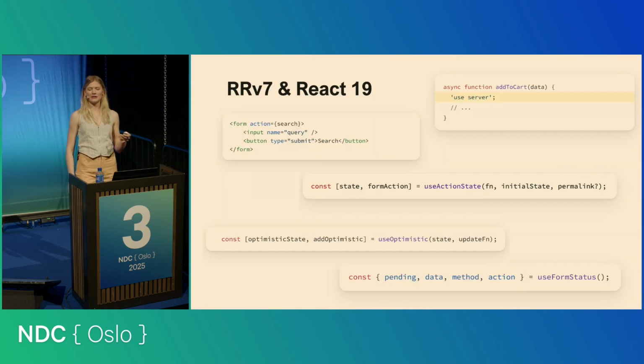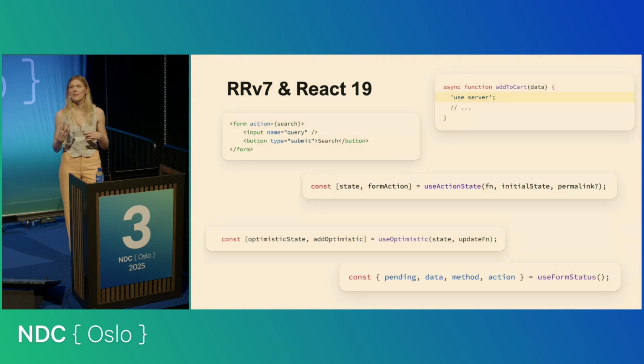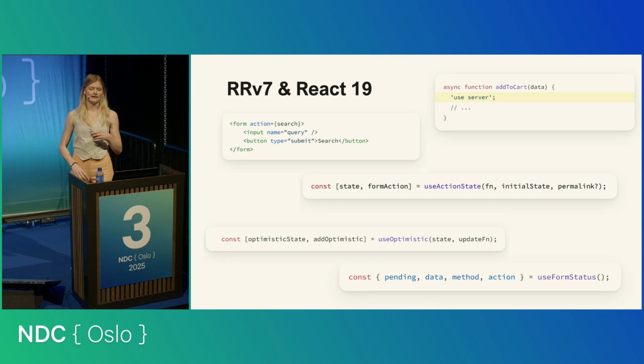Yeah, so I mentioned in the beginning of this talk that some of the patterns that React Router uses and Remix invented have appeared in React 19. And these are some examples of that. So use server, which is a new React 19 directive, is kind of like React Router actions. And the form component lets you call server functions, kind of like React Router forms calling an action. Use action state can be used to get the return value of server functions, kind of like React Router actions returning something.